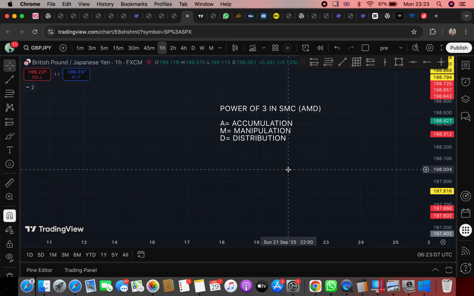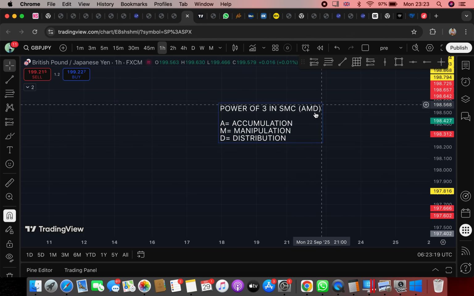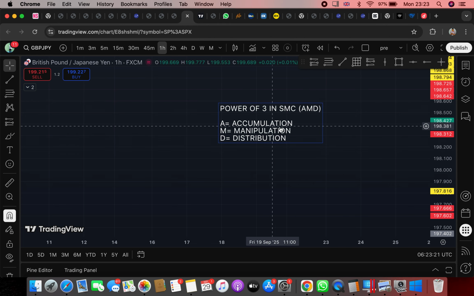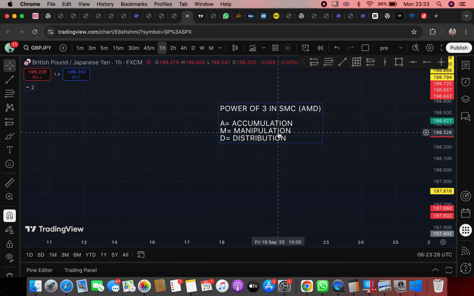So today we are going to talk about the power of 3 SMC, which is the AMD pattern. The AMD pattern where the A means accumulation, the M here means manipulation, and the D means distribution. This is a very crucial pattern or structure to always look out for if you're someone who trades SMC, or even if you're new or you want to start trading SMC.